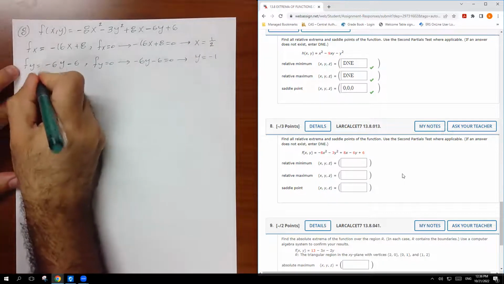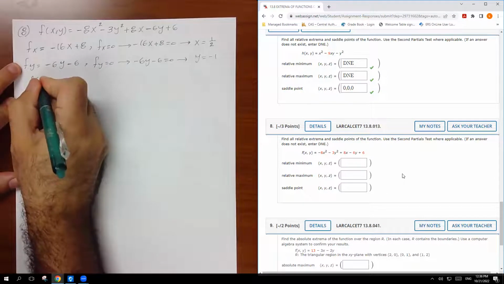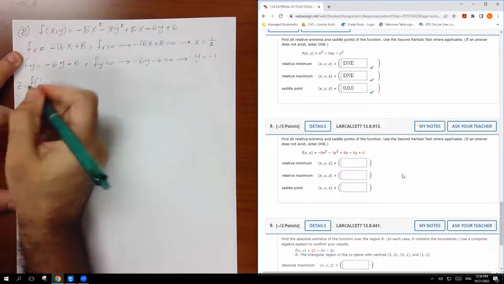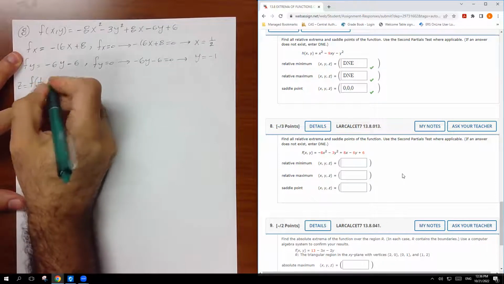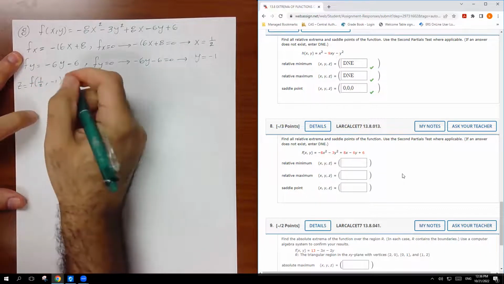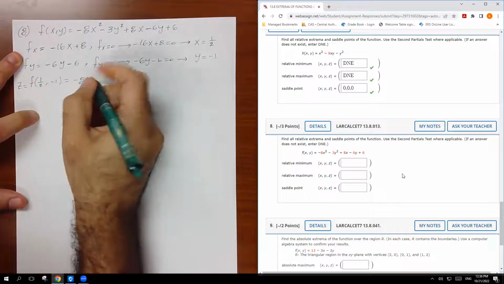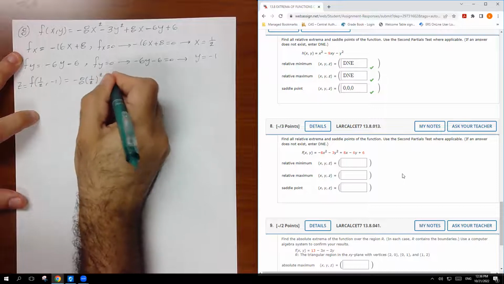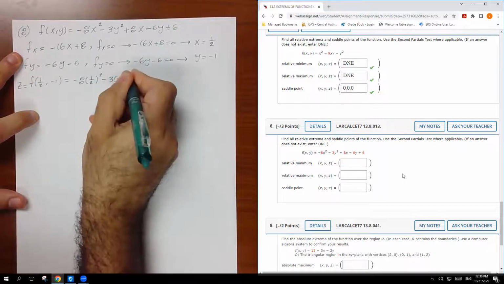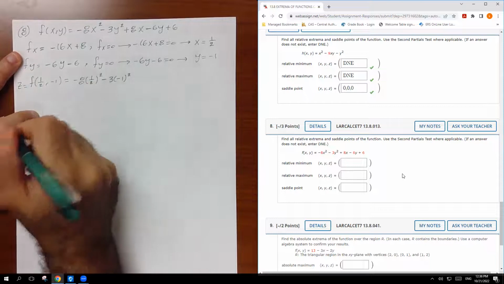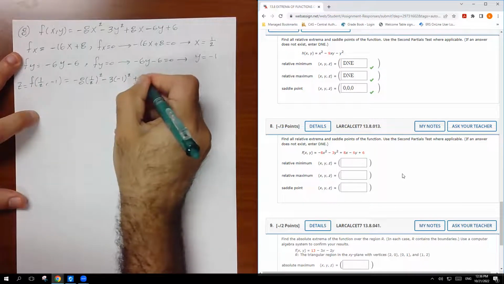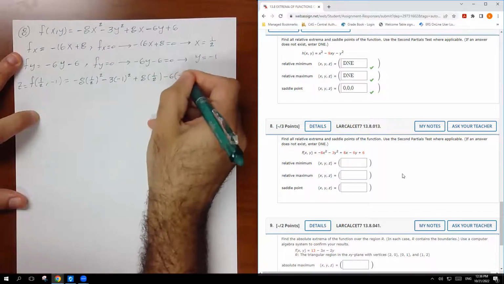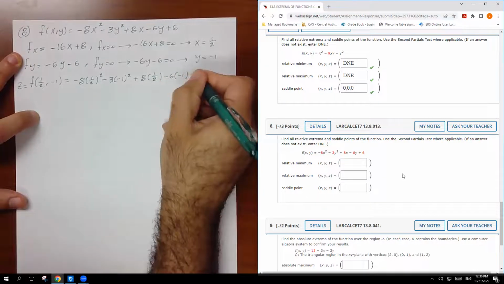That means f of 1/2 and -1 is going to be -8 times 1/2 squared minus 3 times -1 squared plus 8 times 1/2 minus 6 times -1 plus 6.